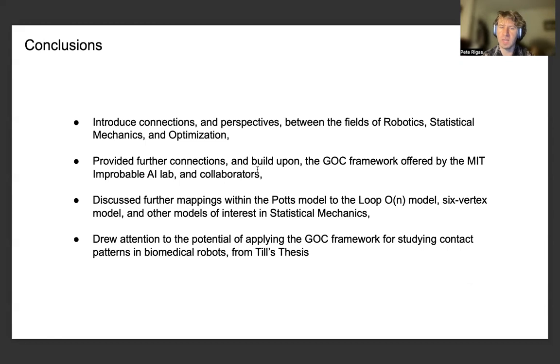We provided further connections and built upon the geometry of contact framework provided by the MIT Improbable AI Lab and collaborators from other departments at MIT and Georgia Tech, as well as further expanding upon their approach by discussing further mappings between the Potts model and the loop O(n) model, the six-vertex model, and other models of interest in statistical mechanics, all of which drew our attention to the potential of applying the GOC framework for studying contact patterns in biomedical robots like those listed from Till's thesis.